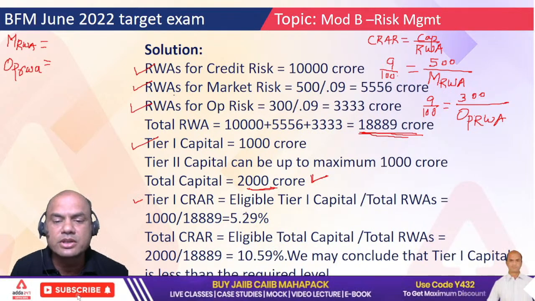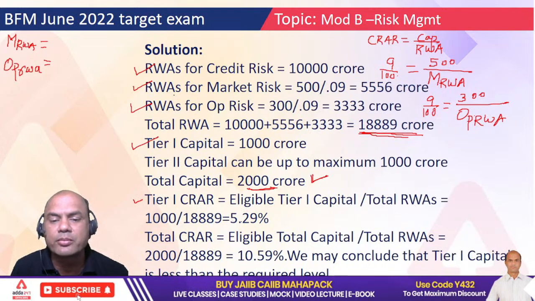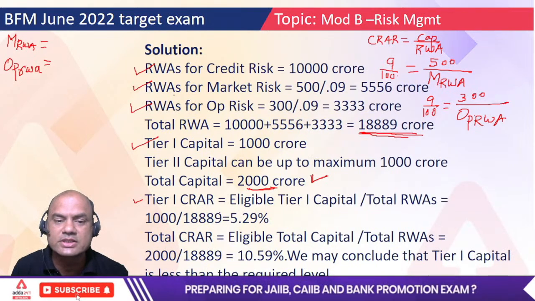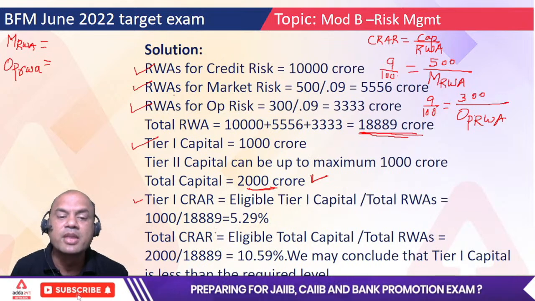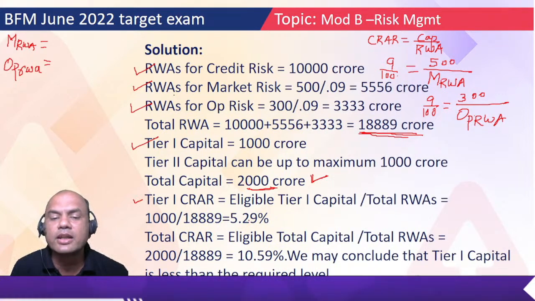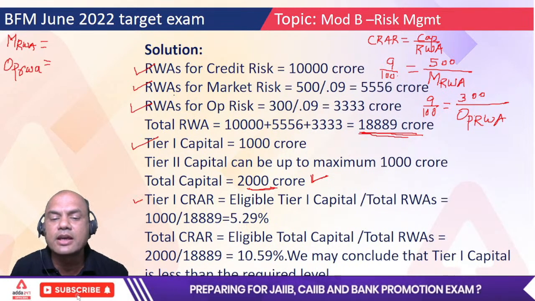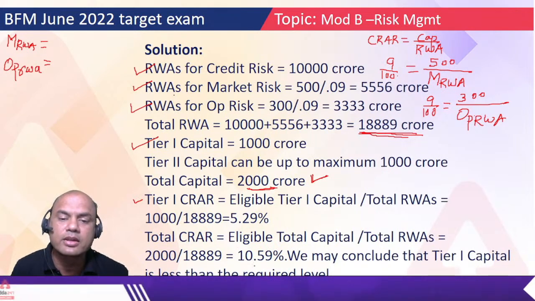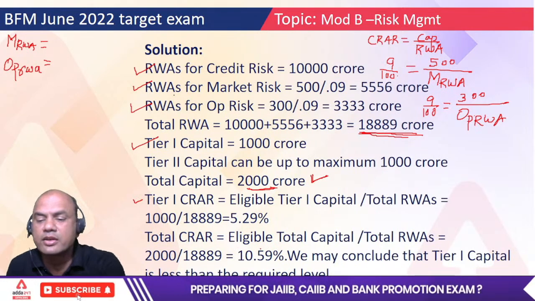Now my next question to you is, tier 1 CRAR is 5.29%. Total CRAR is 10.59%. Which one is good? Tier 1 is good or total CRAR is good? Second is good. Correct. Why? Because it is more than, what did I tell you?